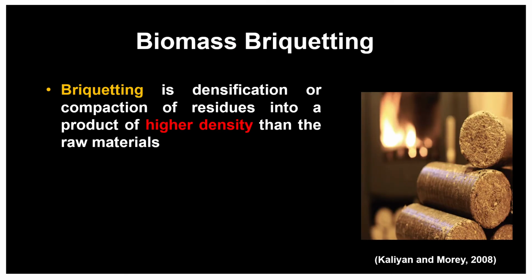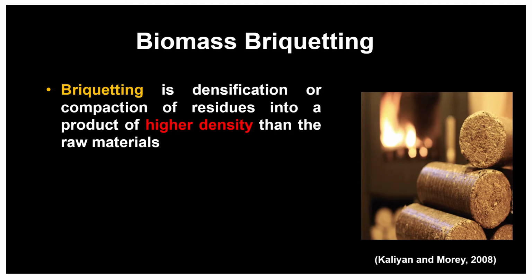So next we can go to briquetting. Briquetting means we are densifying the material into a smaller unit. If a crop is harvested, for example rice, we will get rice straw. When it is dispersed very randomly, it requires a lot of space.